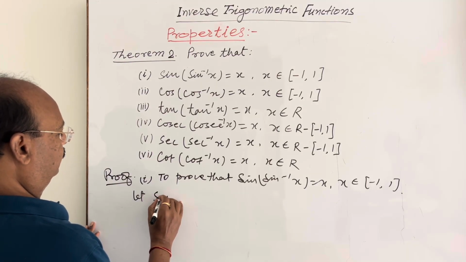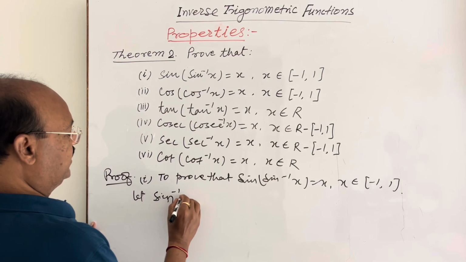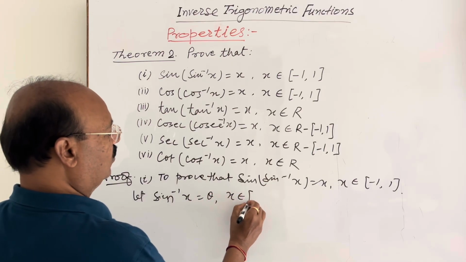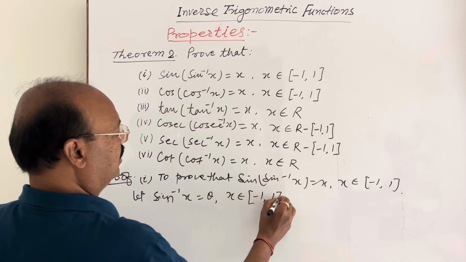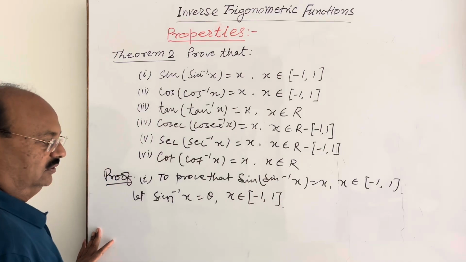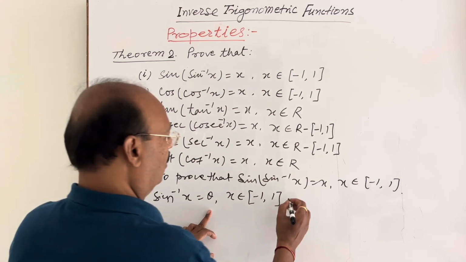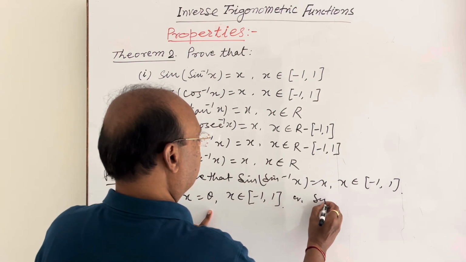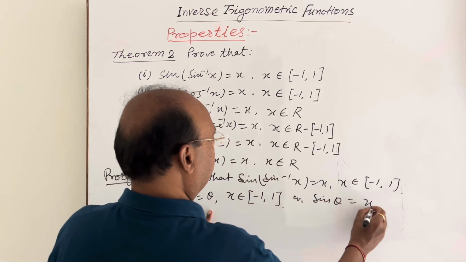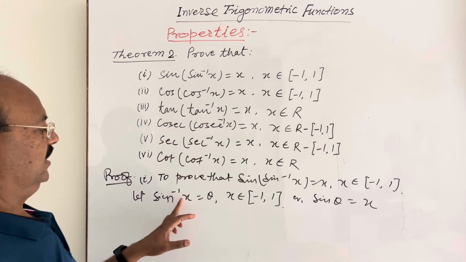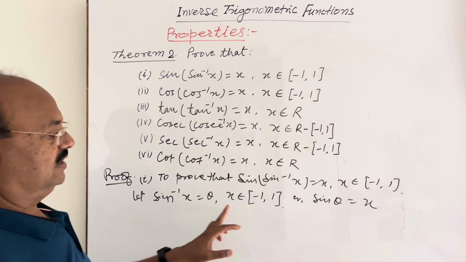Let sine inverse x be equal to theta. Here x belongs to this closed interval minus 1 to 1. So as sine inverse x is equal to theta, we can write sine of theta is equal to x. You know, if sine inverse x is theta, then sine theta is equal to x.